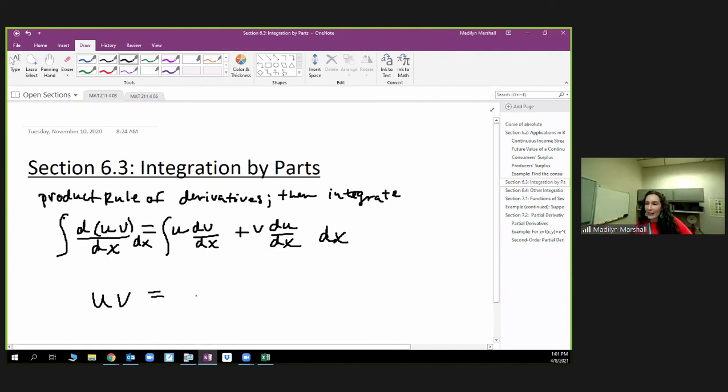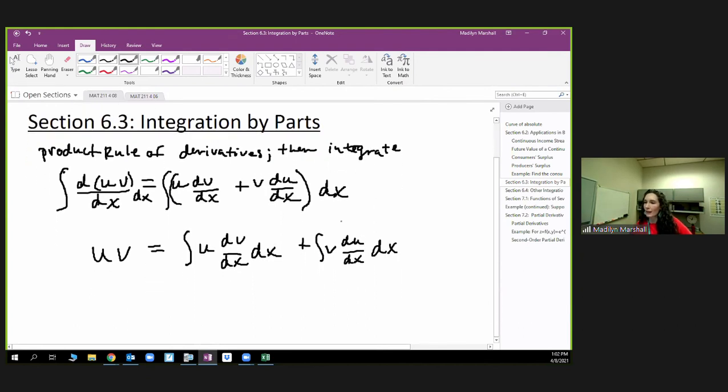On this other side, we now have 2 integrals. If we have 2 parts added together in an integral, we can integrate them separately. Something neat is that dx works just like a number, which means these dx's cancel each other out.